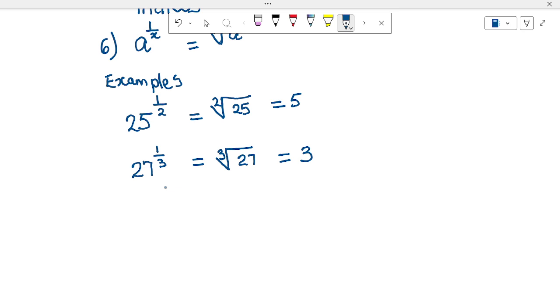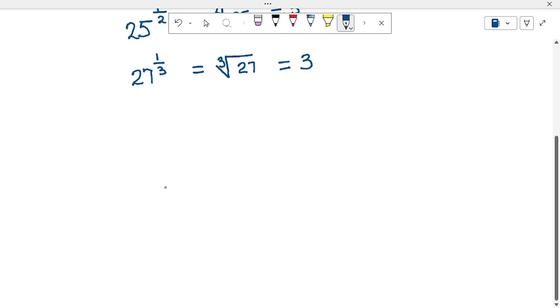All right, so we go to the next law. The next law is very similar to the one we've just finished.